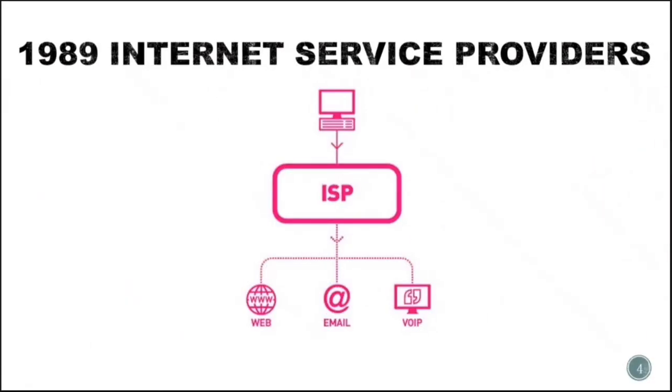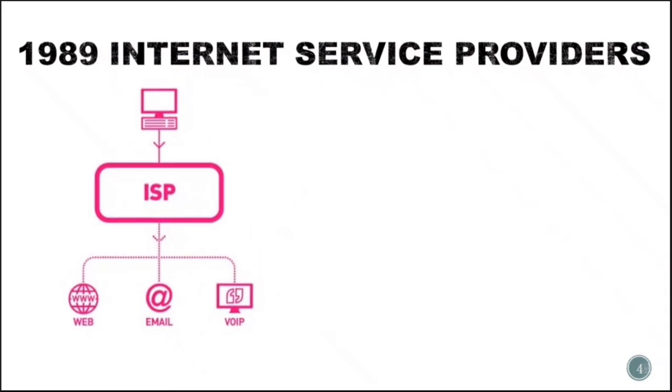Later in 1989, internet service providers emerged. They were for short called ISPs, and this happened because of the demand from people to connect with their friends, relatives and loved ones. The ISPs served as middlemen that provide internet services.